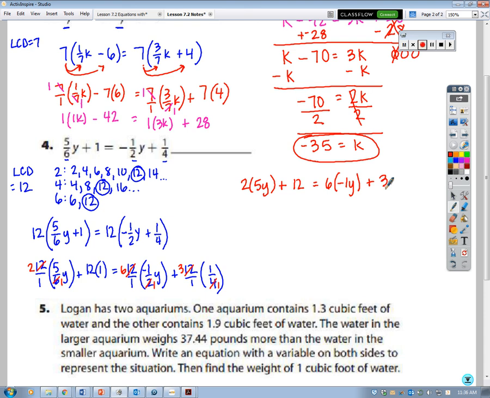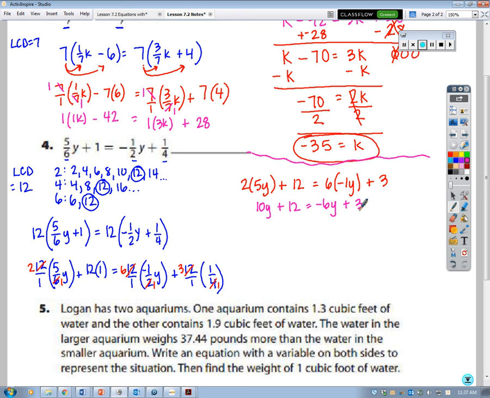Now I've got an equation that I can solve by combining like terms. So 2 times 5 is 10y plus 12 equals 6 times negative 1y is negative 6y plus 3.